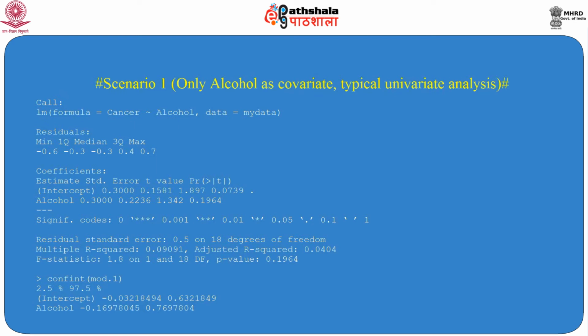As we have seen, the p value was 0.1964 and not significant. Here also, since the interval spans from negative to positive and includes 0, we can conclude that this regression coefficient is not positively associated. So a significant association of alcohol with cancer has not been obtained.